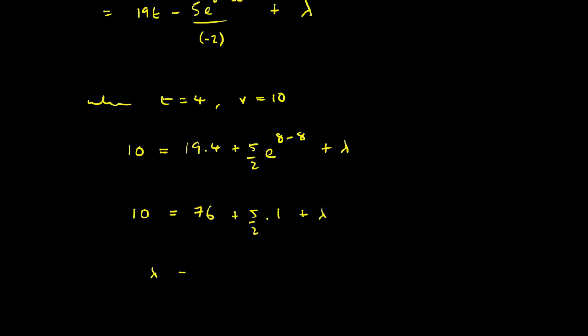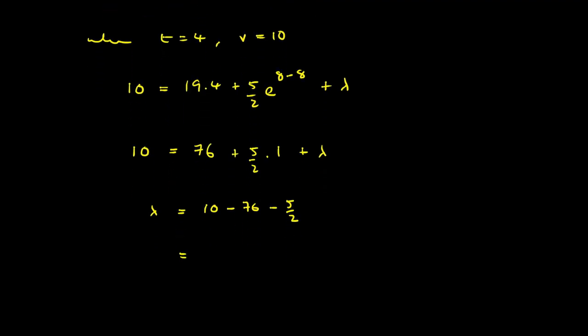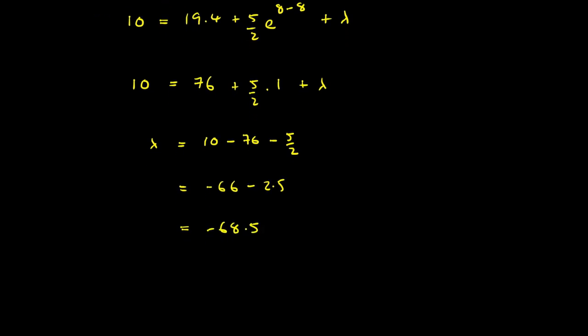So lambda is going to equal 10 minus 76 minus 5 upon 2. So 10 minus 76 is minus 66, and then minus 5 upon 2, which is minus 2.5, which is minus 68.5. Actually, I prefer things as decimals. So that's minus 137 upon 2. Let me just double check that. 120, 100, yeah, 137 upon 2.